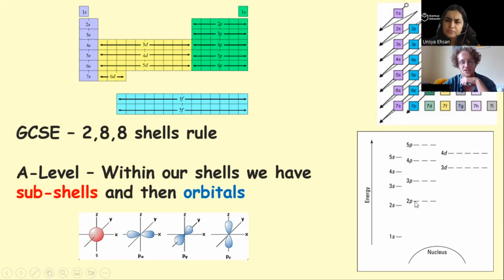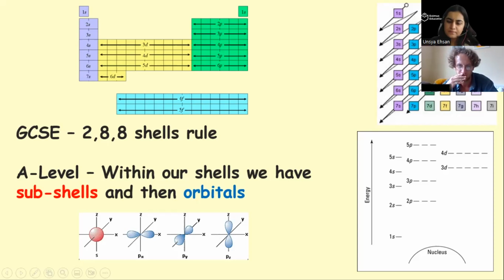Do I understand that so far? Yeah, I do. So far, we've seen 2 different shells. And then particularly if we look at this number 2, we have 2 different subshells. And then finally, these lines where 2 electrons fit, that is what we call an orbital.